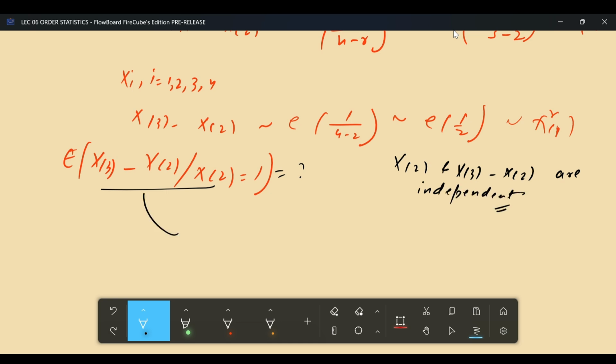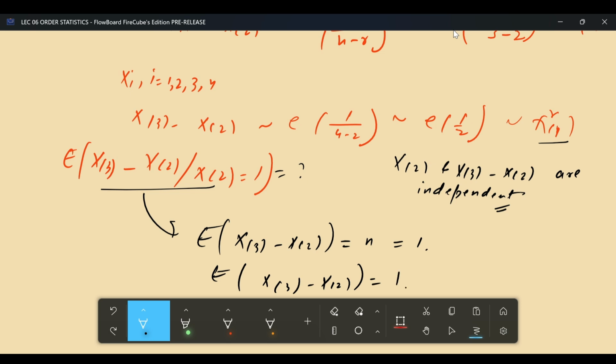Then we can write this as expectation of x3 minus x2 only, which is equal to, if this is chi-square, the expectation of chi-square is n, which is equal to 1. This is degree of freedom. So expectation of x3 minus x2 is equal to 1 only.